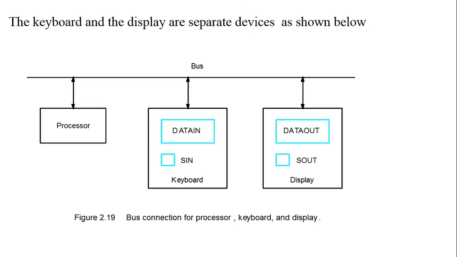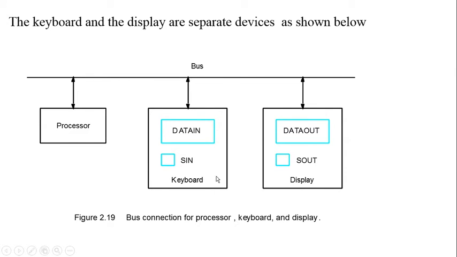So this shows the processing unit, the keyboard and the display unit. All these units are separate and are interconnected using a bus structure here.